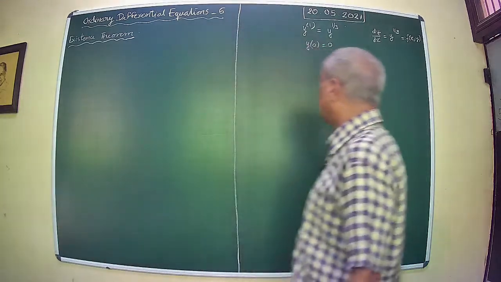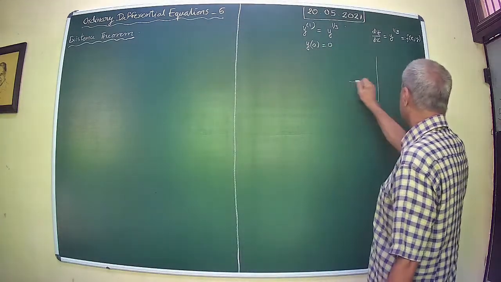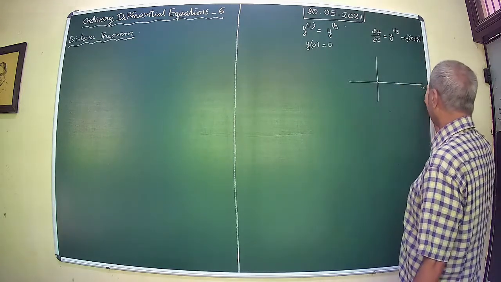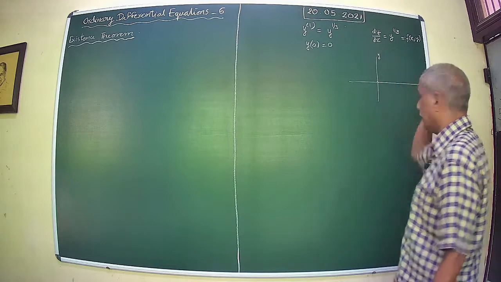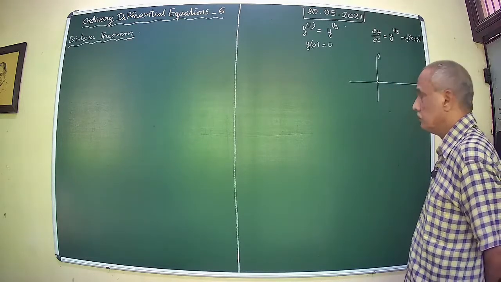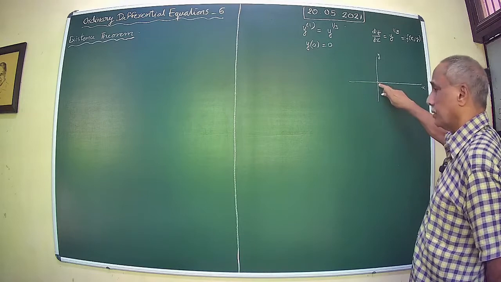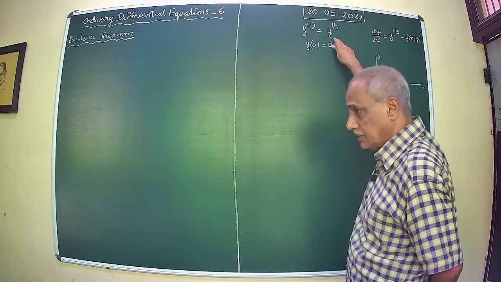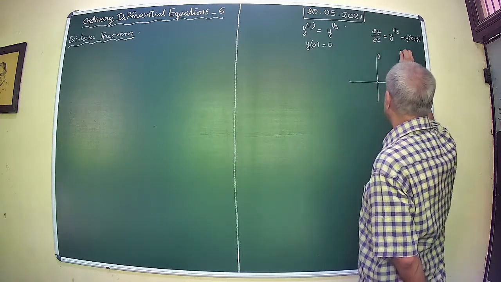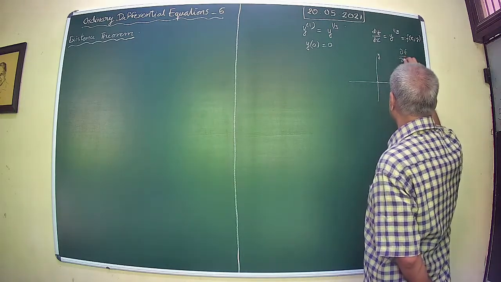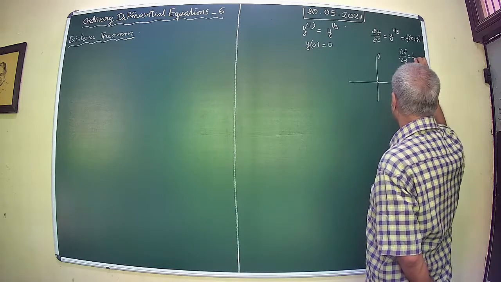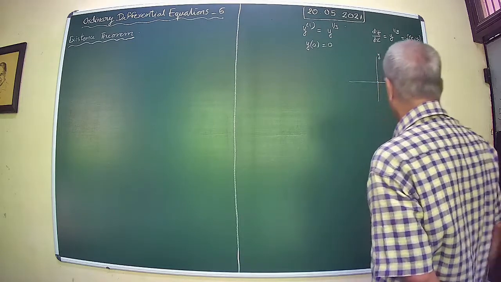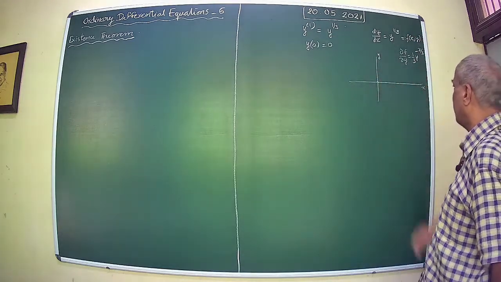But in the neighborhood of the real line, this is the point where we are giving the initial data, and you see that there is a problem there, because this function is not satisfying the Lipschitz condition. In fact, if you take df by dy, this turns out to be 1/3 y to the power minus 2 by 3, and that gives problem in the neighborhood of y equal to 0.